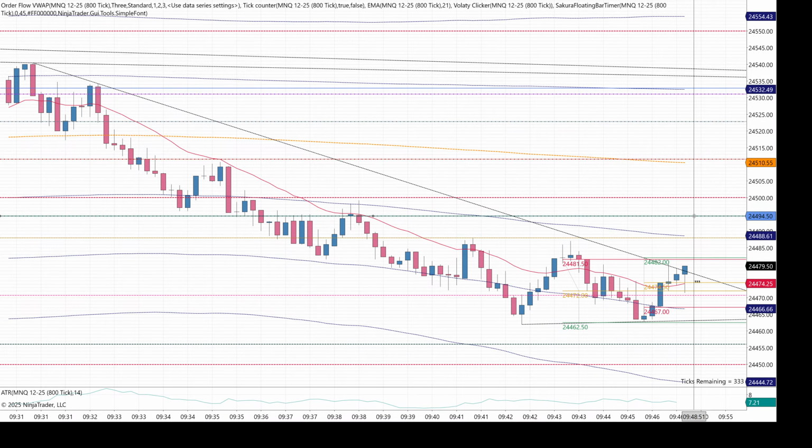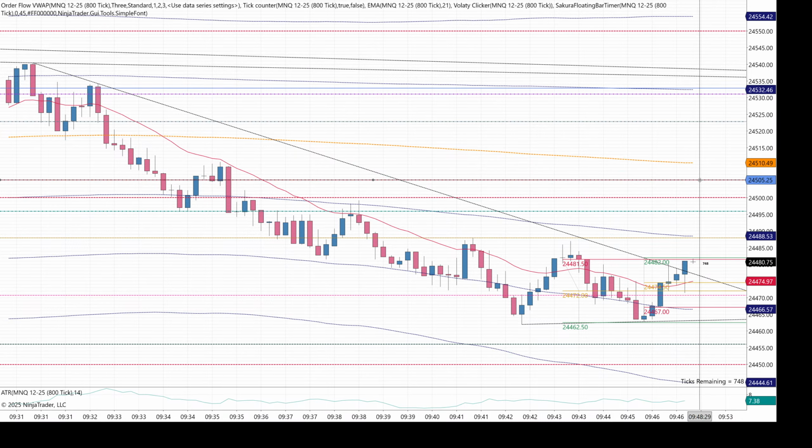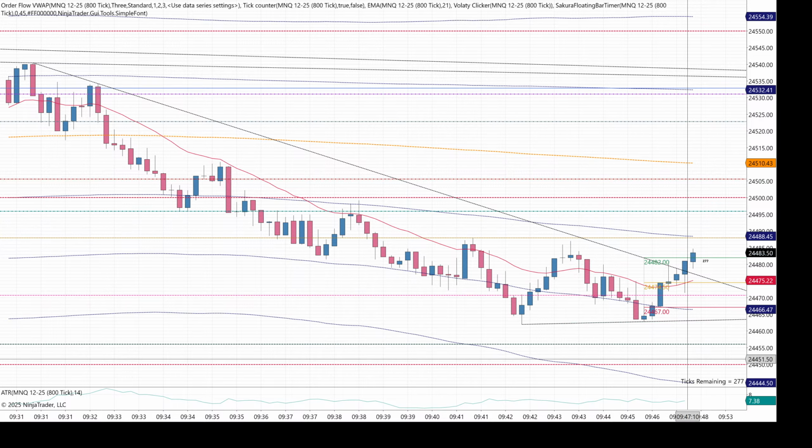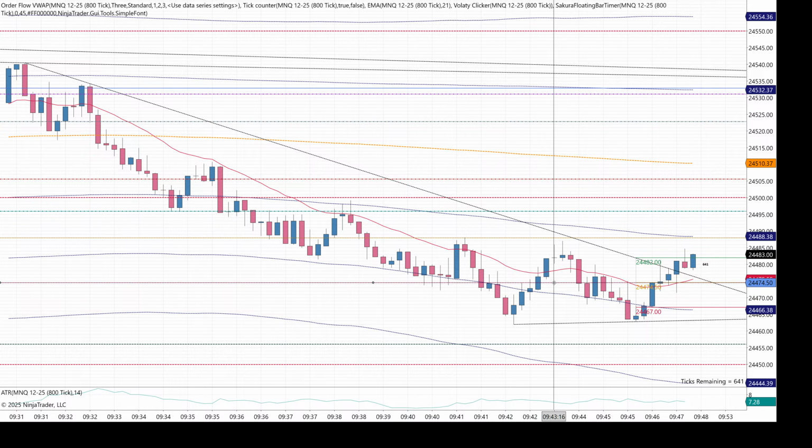This is at 496. This is at 505.50. All right, so bullish trade worked. We wouldn't have taken it anyway, but keep track of it.